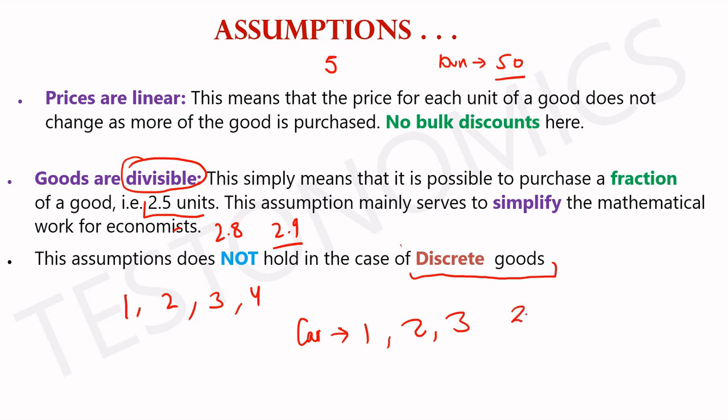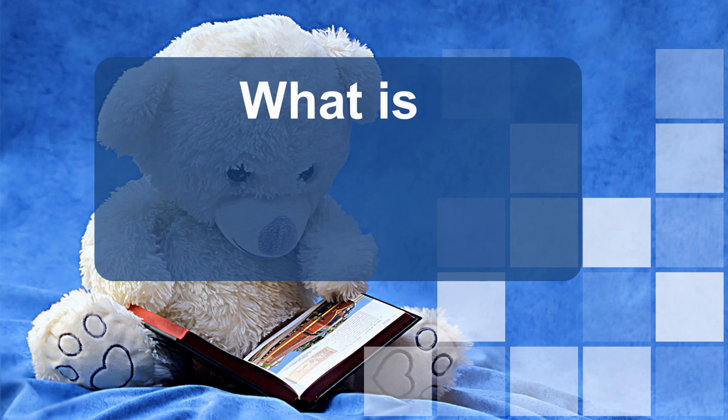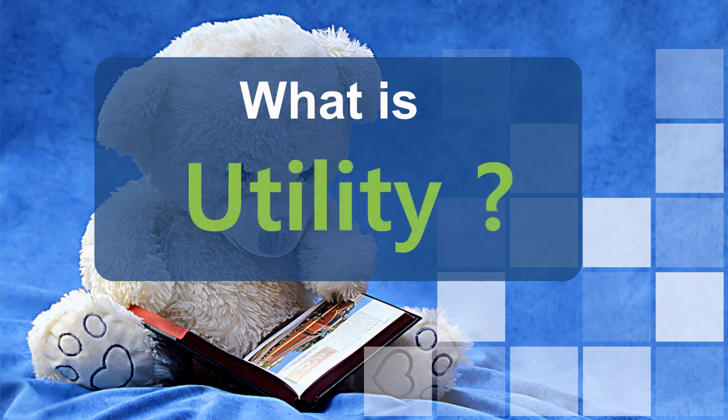You cannot have 2.5 cars. Correct? So this was the basic introduction that we needed to have before we went deeper into this unit. From the next part onwards, we will be discussing the concept of utility. So let's stop here in this video.